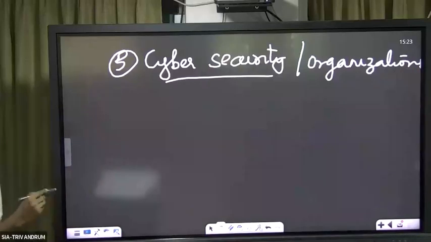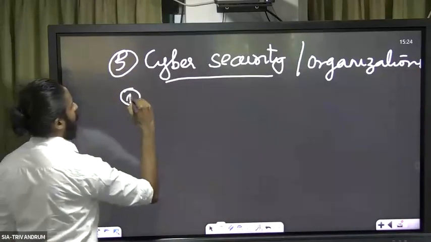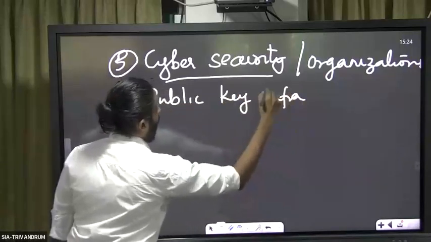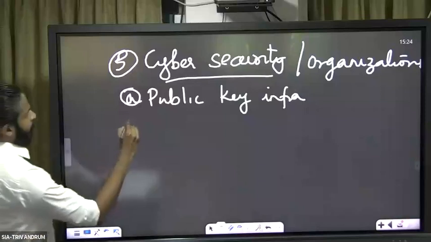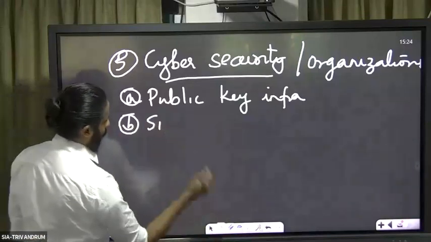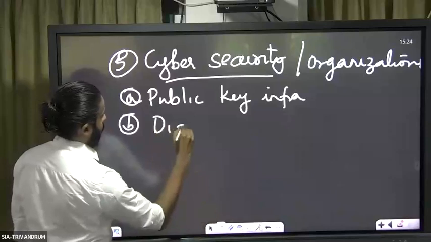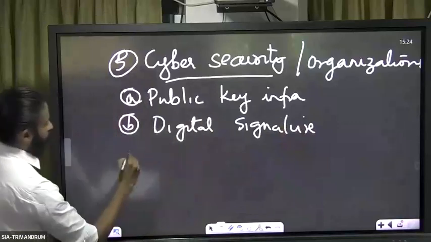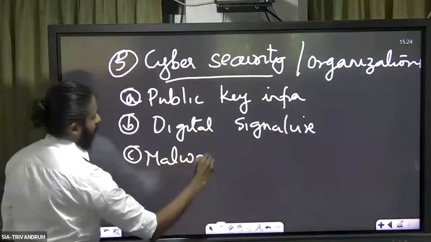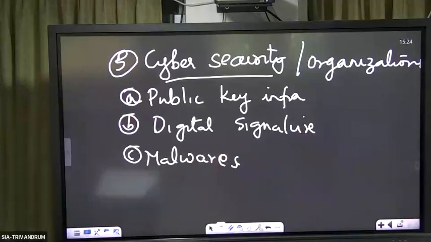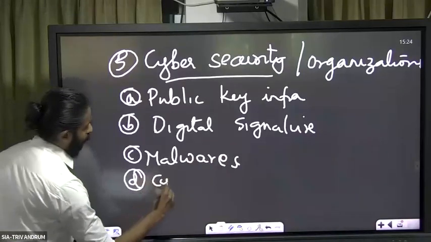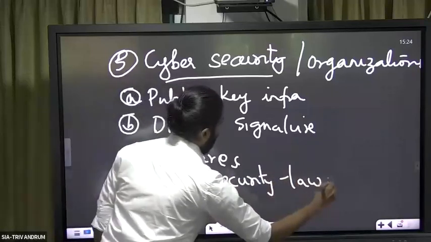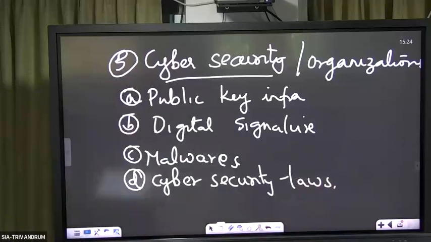In this, they have already asked public key infrastructure, digital signature, and you can include malware here also as a subpart. Questions can come on malwares. They have asked about cyber security laws.